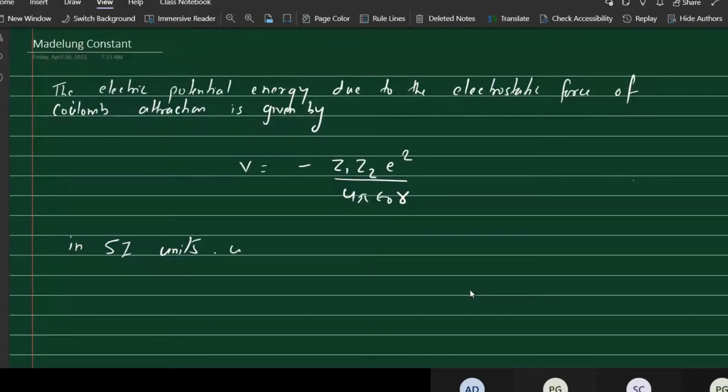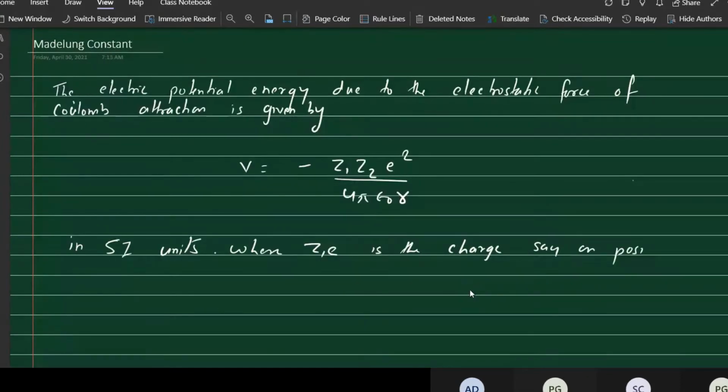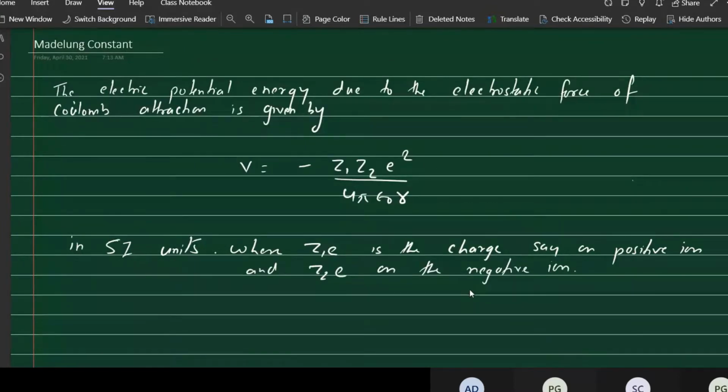we will define here Z1E as the charge, say, on the positive ion, and similarly Z2E on the negative ion.